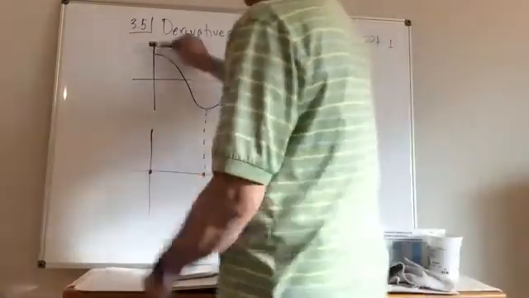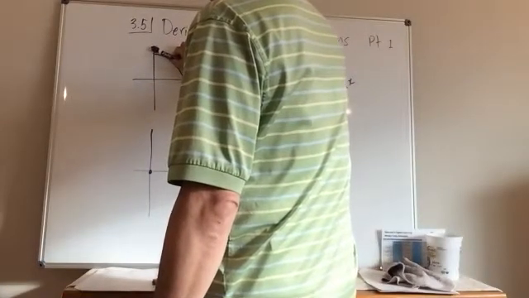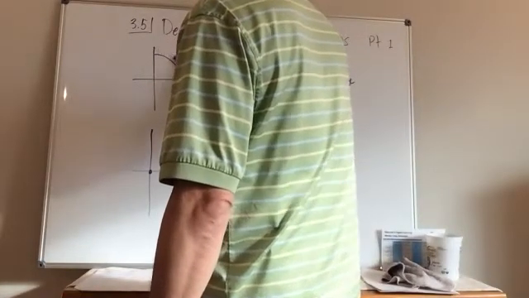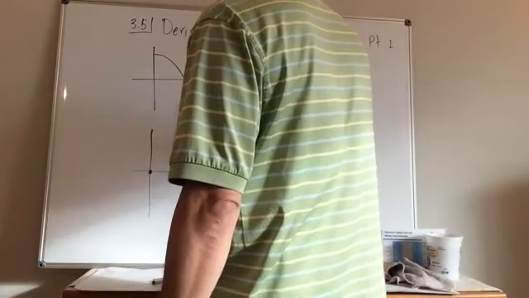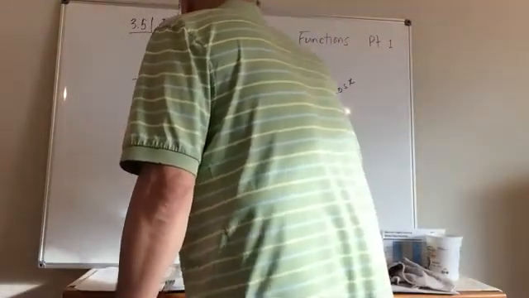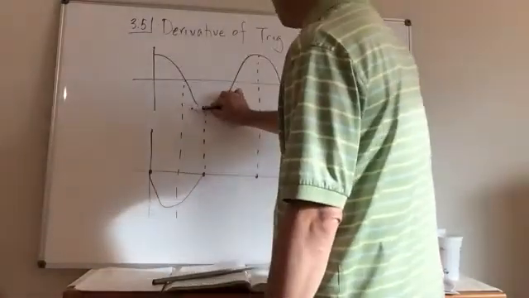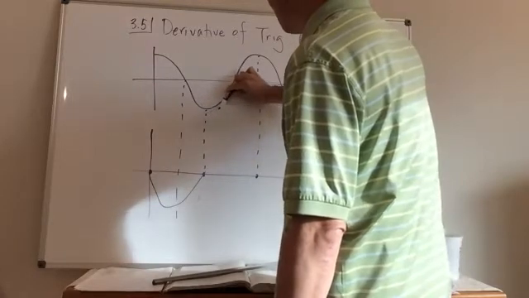I start from 0, and I'm going to go negative. Less negative, more negative, more negative, bottom out here. Then I'm going to go less negative, less negative to 0. So this is where I bottom out. From here, I go positive, a little more positive, more positive.